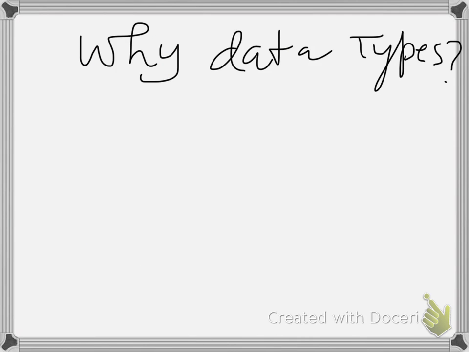You may ask the question, why data types? Why not just have one type and be able to store anything in it? Surprisingly, some languages actually do that. JavaScript does that for you. You can declare a var variable there, and you can store anything in it. There is a huge problem with that, however. Each data type has different sizes.